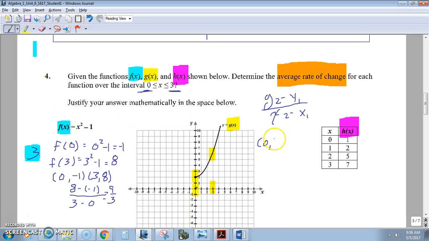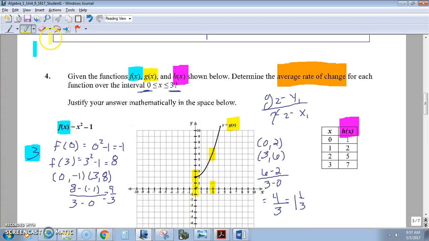This time it's (0, 2) and (3, 6). So I have 6 minus 2 on the numerator, 3 minus 0 on the denominator. 6 minus 2 is 4 over 3. So 4/3, or you can simplify it down to 1 1/3.